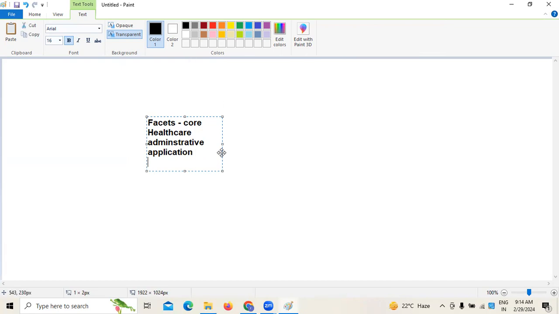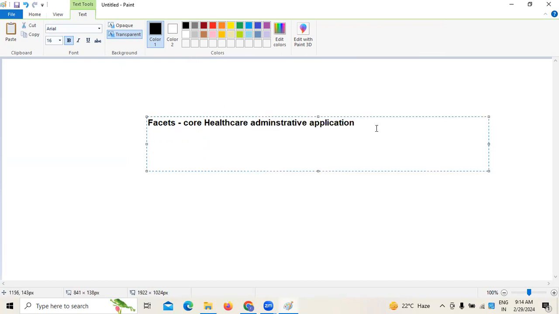So when it comes to the core healthcare administrative application, the first one is about enrollment, right? Enrollment is something that is worked on in Facets, so one must be good with it, right? Enrollment of members, all these things.